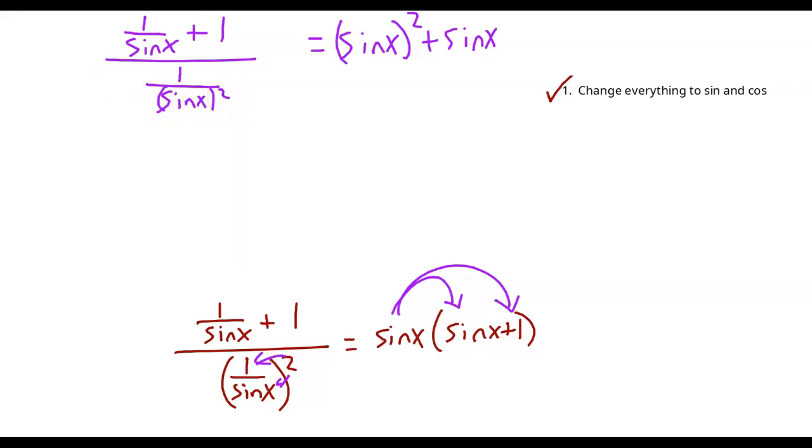Okay, now after that, we're going to simplify this side over here, this complex fraction, by multiplying by these little denominators. We've simplified complex fractions before in this class. We don't like having these little denominators here.